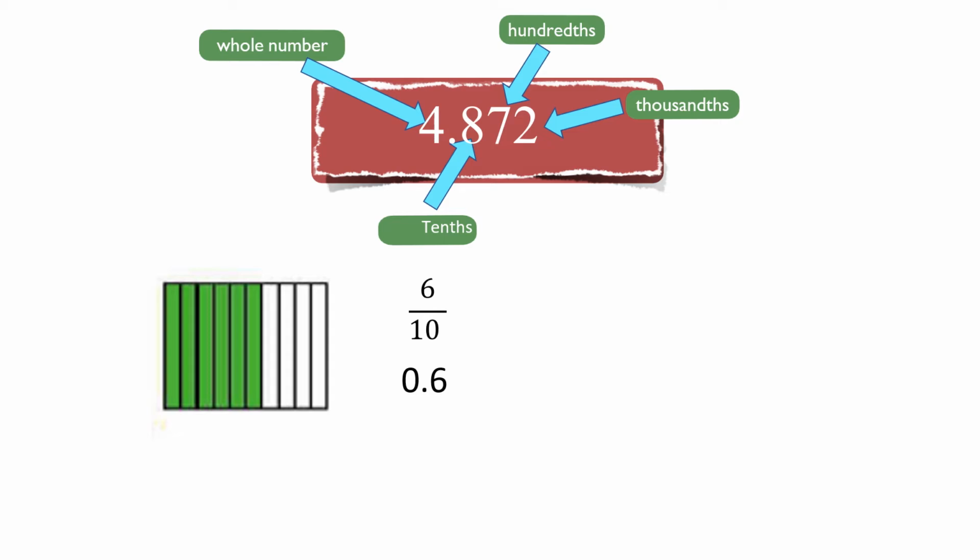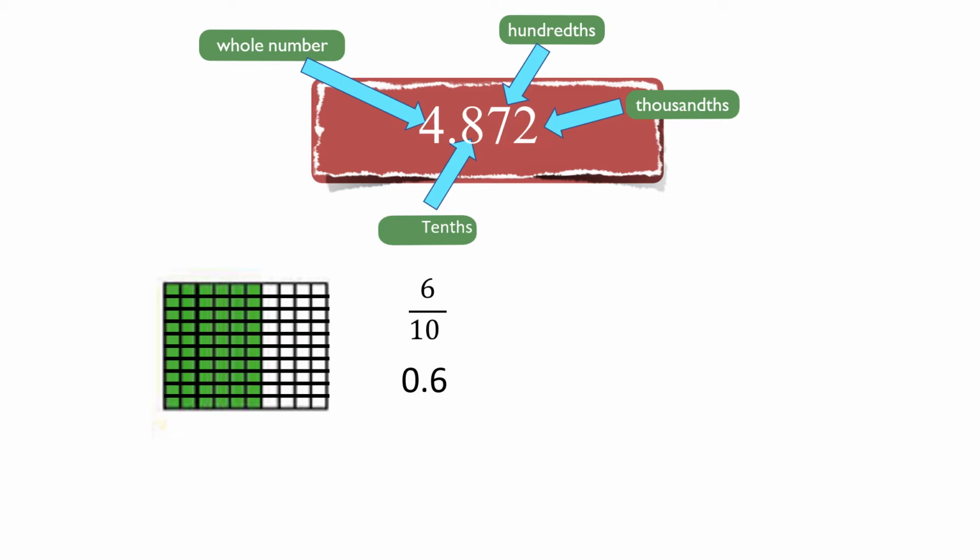Now if I divide the same shape into 100 parts, the shape is divided into 100 small squares. I want to represent the small shaded squares as a fraction also.